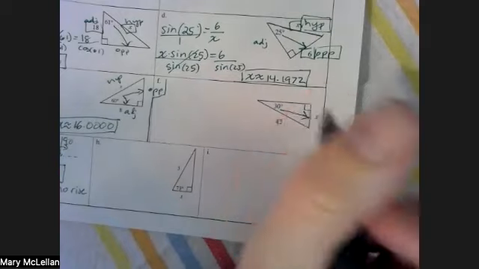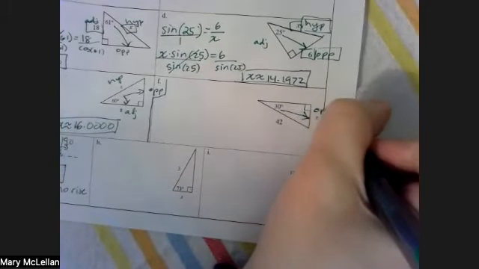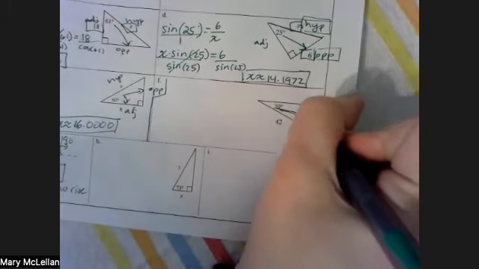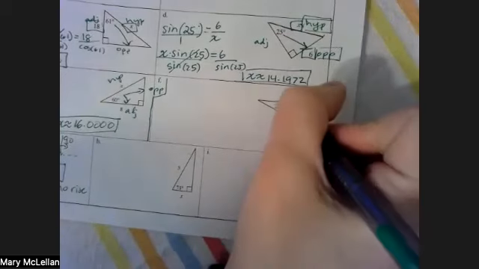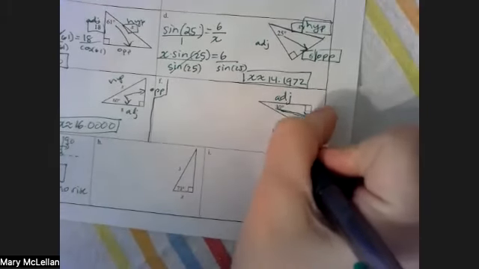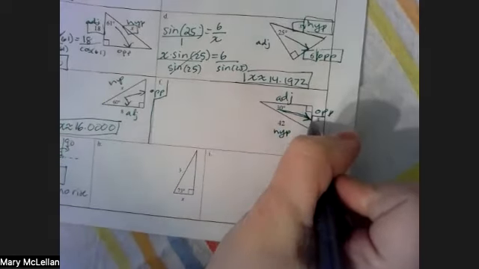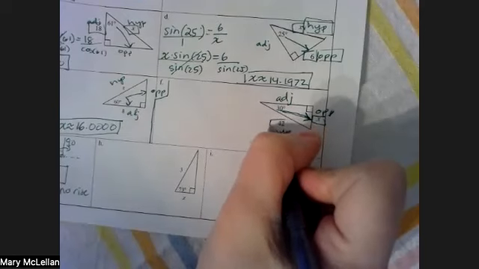Anyway, next triangle. I label my opposite. The side across from 30 degrees is the opposite. I label my adjacent. It's the one that's neither the opposite or the hypotenuse. Hypotenuse is the longest side. Okay, so since I'm dealing with opposite and hypotenuse, I'll be doing sine.